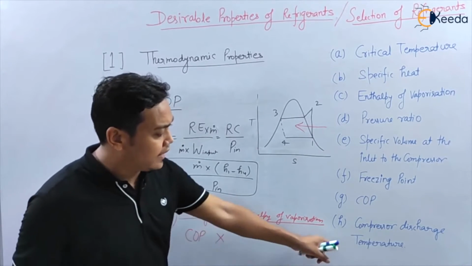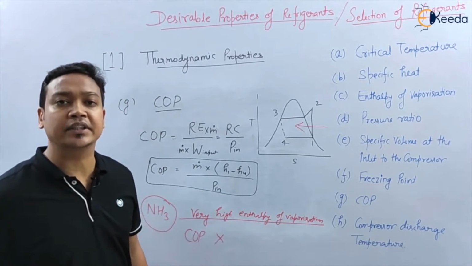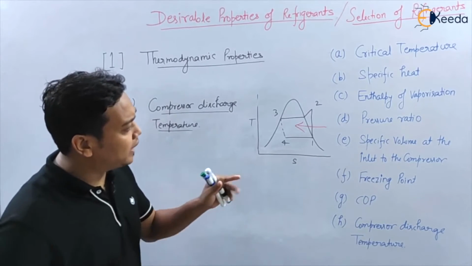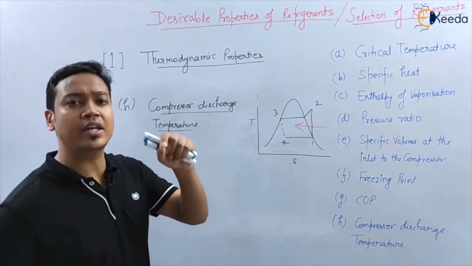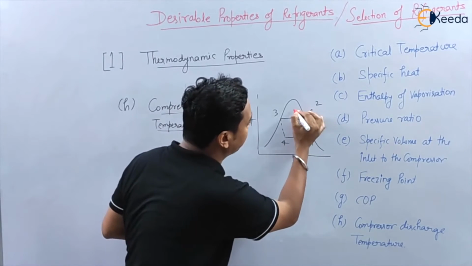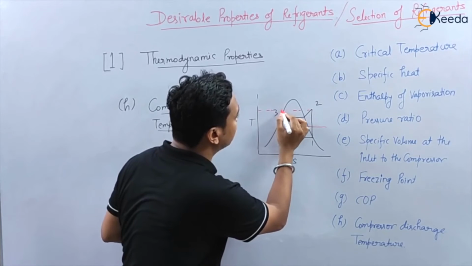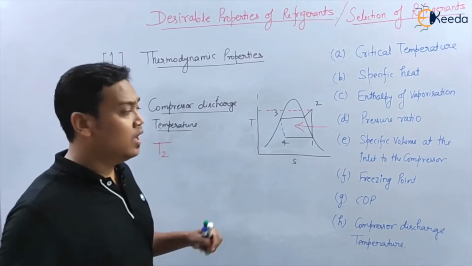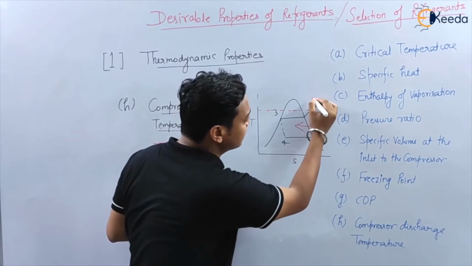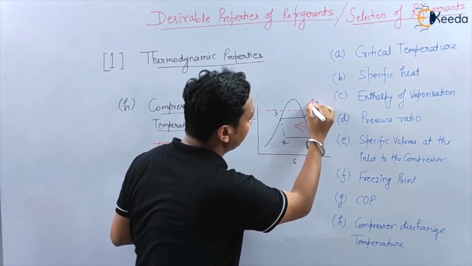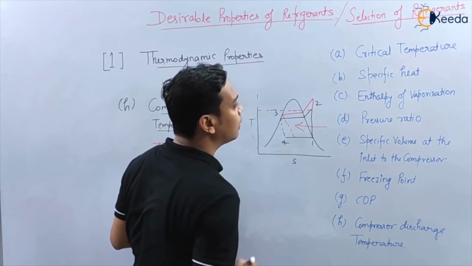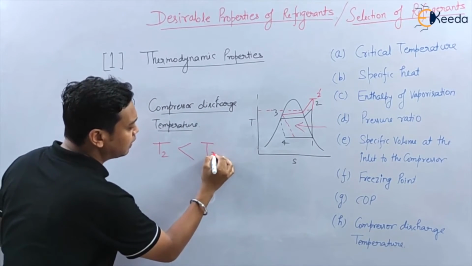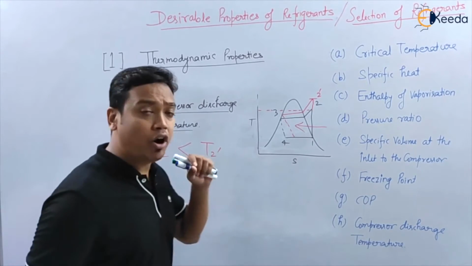Now let's see the next property, compressor discharge temperature. 1 to 2 is the process which is going on in the compressor. This point is the compressor discharge temperature, that means T2. If this temperature is high, suppose the process is going up to this point, this point is 2 dash, that means T2 dash.